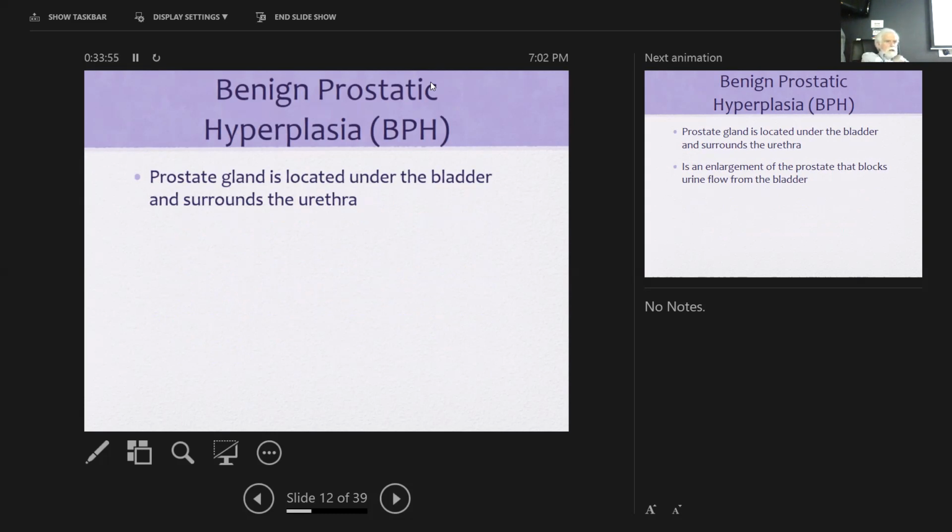BPH doesn't lead necessarily to cancer, but this is a gland that surrounds the urethra, and as it enlarges, it constricts the urethra and constricts flow. It's not particularly painful until it really constricts the flow and makes urination painful, but it's very common.